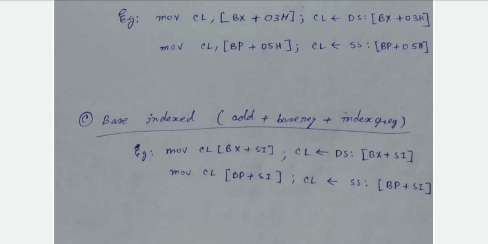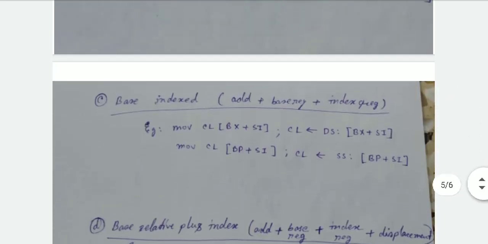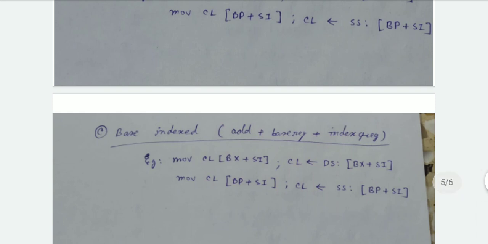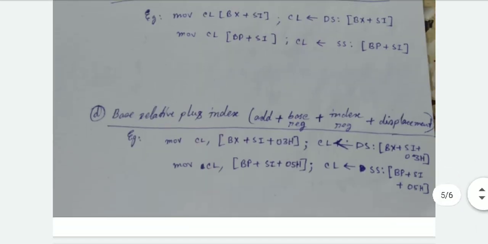Come to the next point, that is base relative plus index. We can see that it is a mixture of the previous three. If you understand the previous three points, it is easier to understand, because we are getting the address by base register plus index register plus displacement.